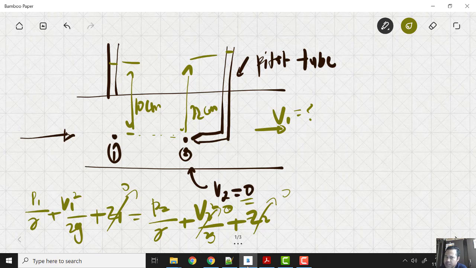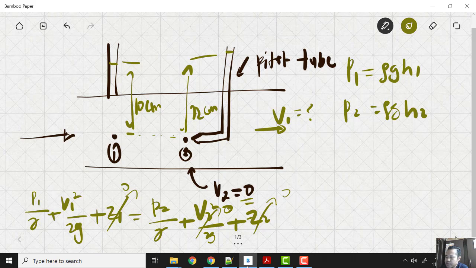So first we need to find the value of the pressure at point 1 and point 2. How do we find the value of pressure at point 1 and point 2? We can find it using P1 equal to rho g H1 and P2 equal to rho g H2, and then we can solve this equation.